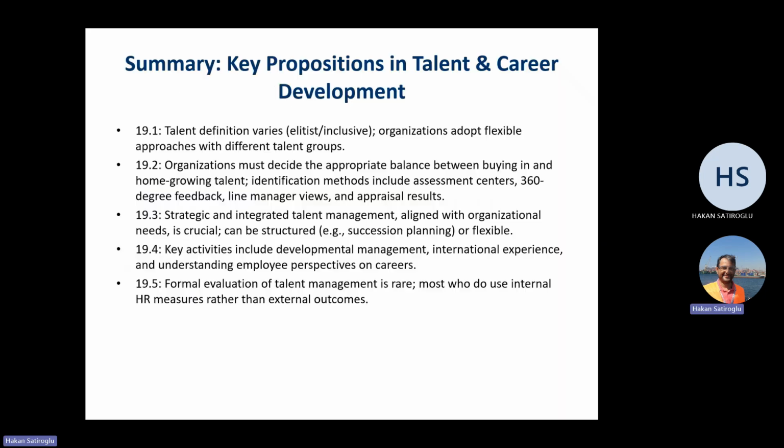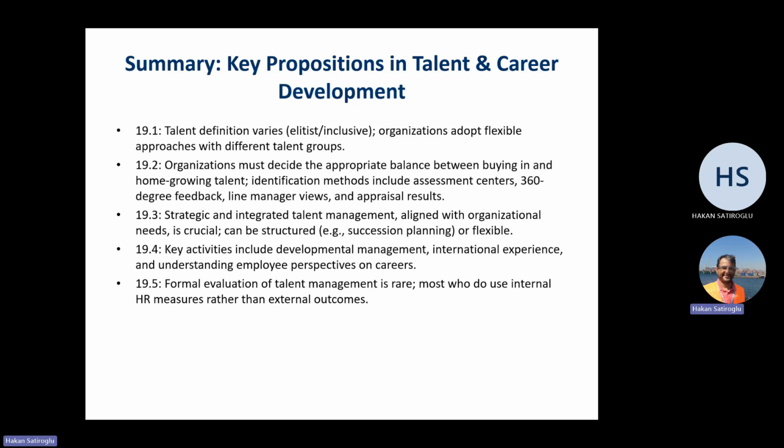As a summary, the key propositions in talent and career development in this chapter are: talent definition varies, with elitist and inclusive approaches opposing each other. Organizations adopt a flexible approach with different talent groups. Organizations must decide the appropriate balance between buying and homegrowing talent. This is another point.